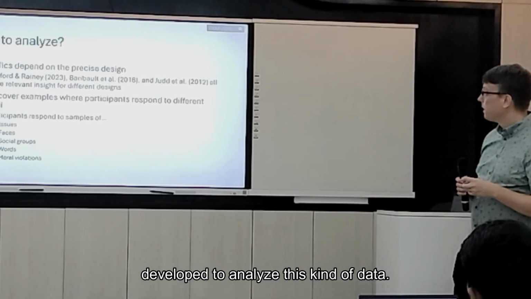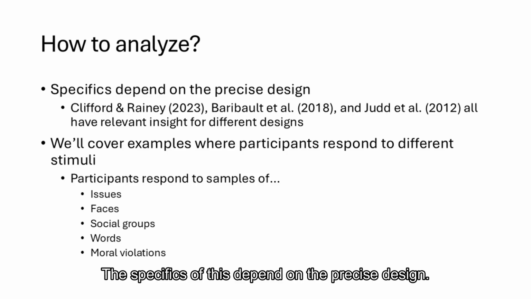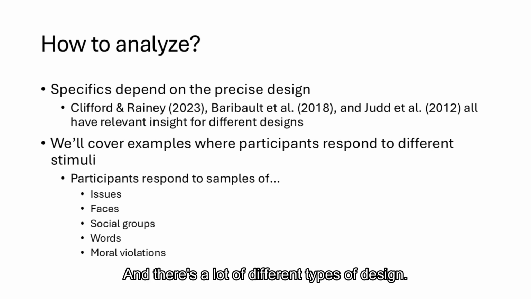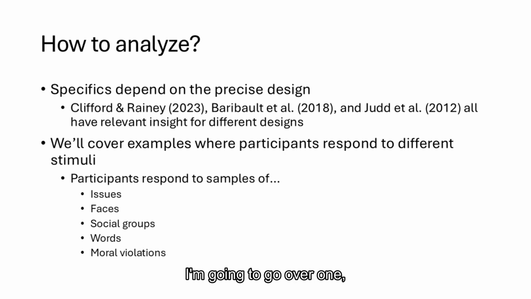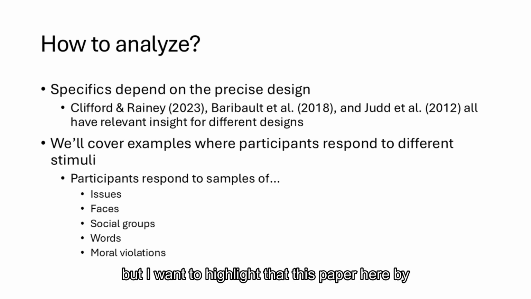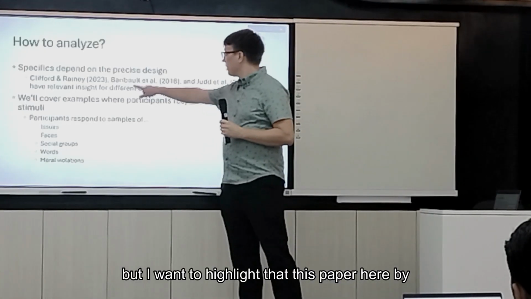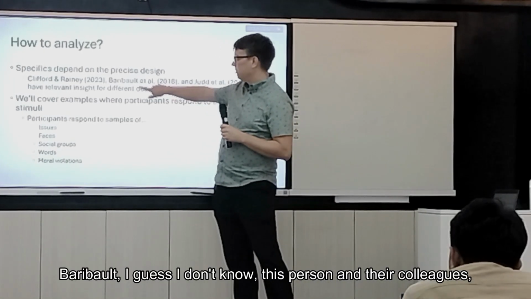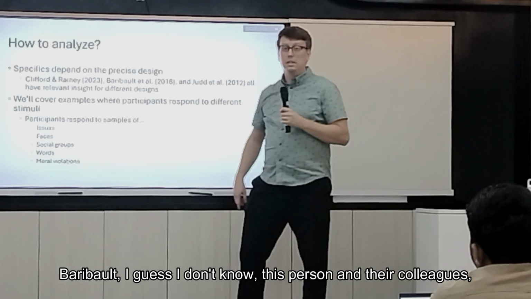This kind of data. The specifics of this depend on the precise design, and there's a lot of different types of design. I'm going to go over one, but I want to highlight this paper by Bolt, I guess, I don't know.